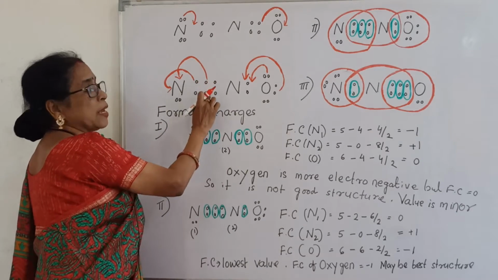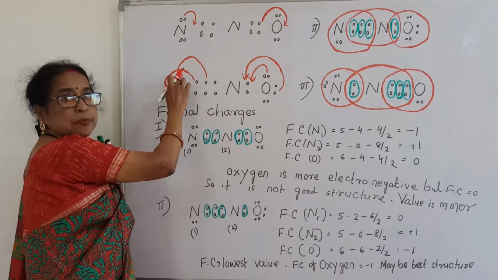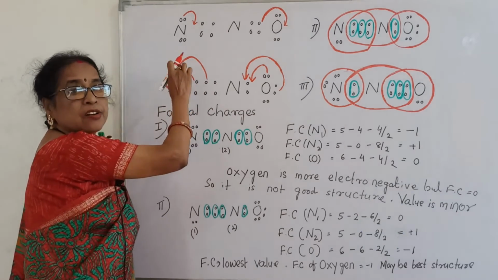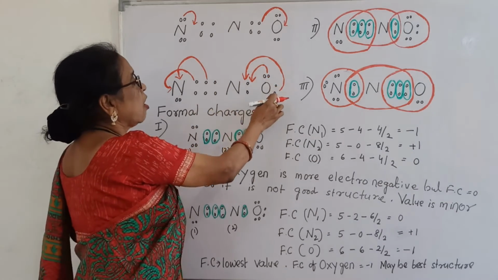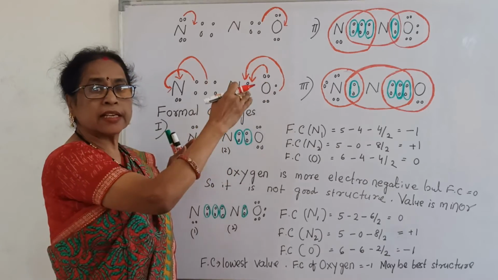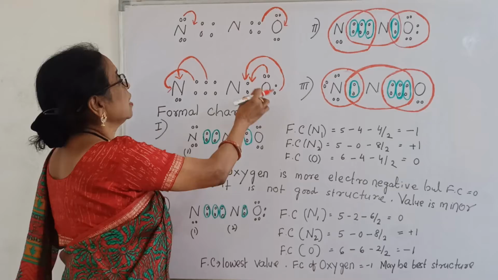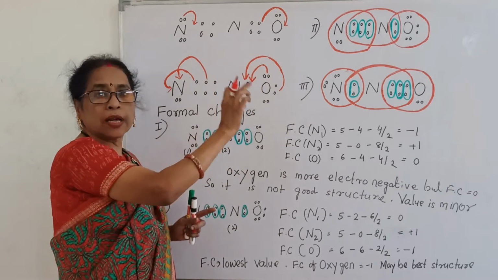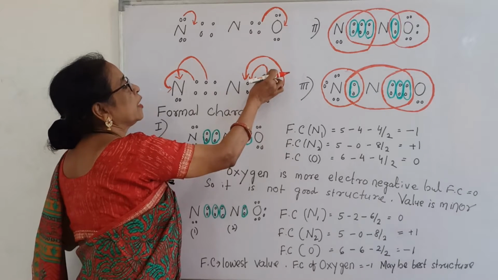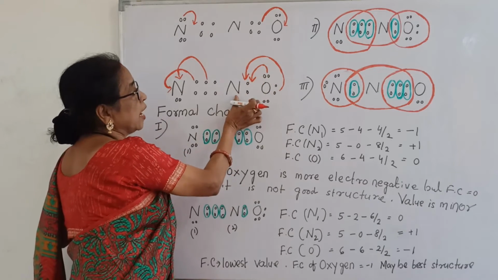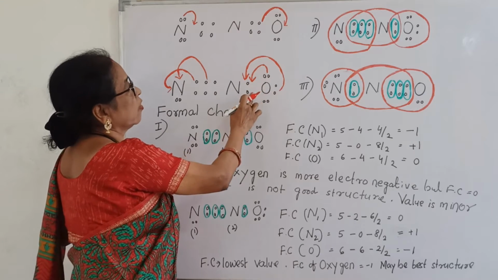Similarly, this pair of bonding electrons is transferred to nitrogen at this place, and it acts as non-bonding electrons. Now in oxygen you can see there are 6 non-bonding electrons, and here 1 pair of bonding electrons. So you can transfer this pair to here between nitrogen and oxygen, where it acts as a bonding pair.